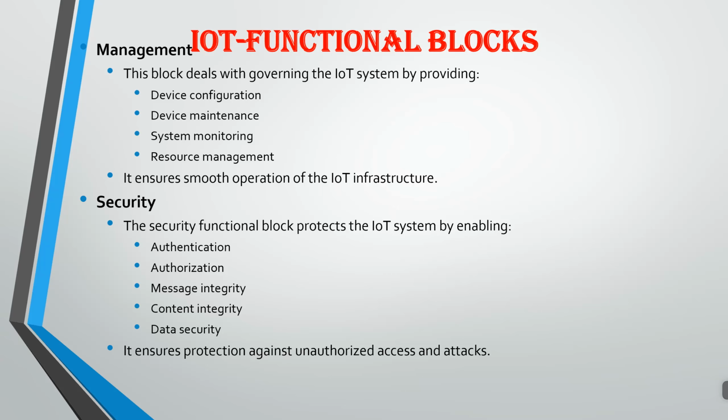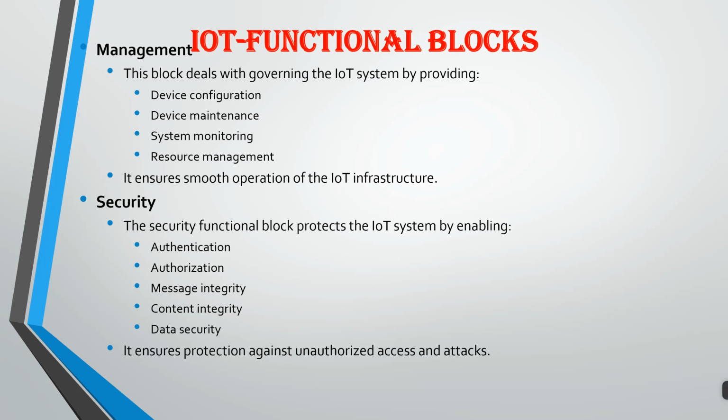Then monitoring. We need to monitor the system and we need to keep the backup of the system. In a CCTV system, the DVR, depending upon the size of its hard disk, keeps the backup of the video of all the cameras, maybe for 15 days.